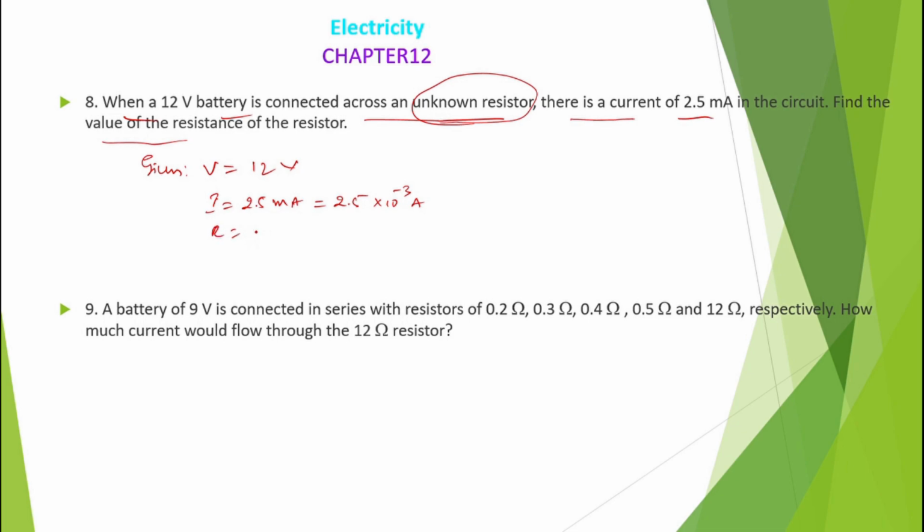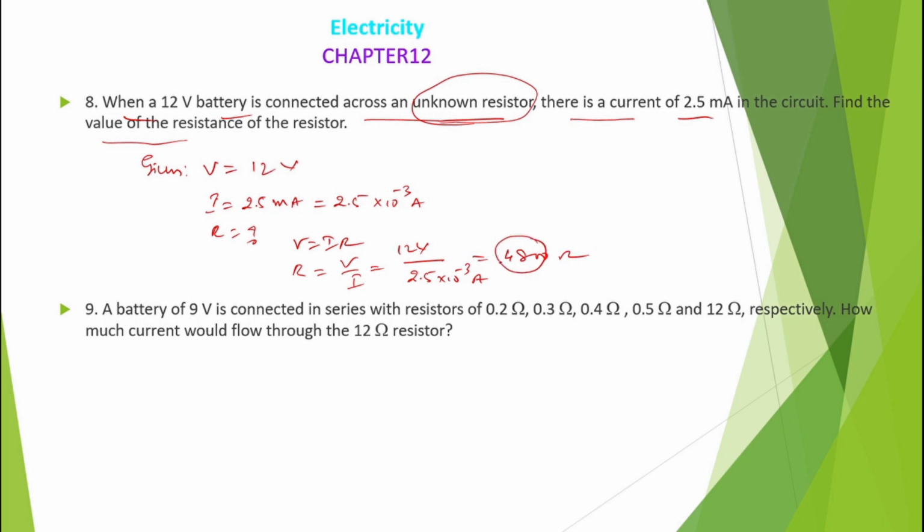So resistance is the question mark. Correct, no? So according to Ohm's law, V is equal to IR. R we have to calculate, separate it out, V by I. So V 12 volt divided by I is 2.5 into 10 to the power of minus 3 amp. So if we simplify this, you will get 4800 ohm.